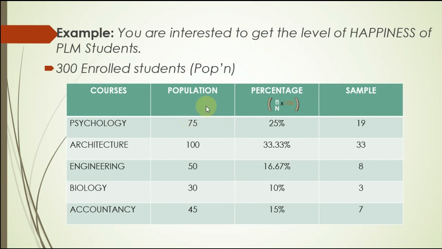So here, 75 is the population for this stratum, divided by 300 times 100, you get 25%. With that 25%, how much is 25% of 75? 19. And 100 divided by 300 times 100, you get 33.33%, or 33 samples, and so on. Okay? So that is how it is computed.